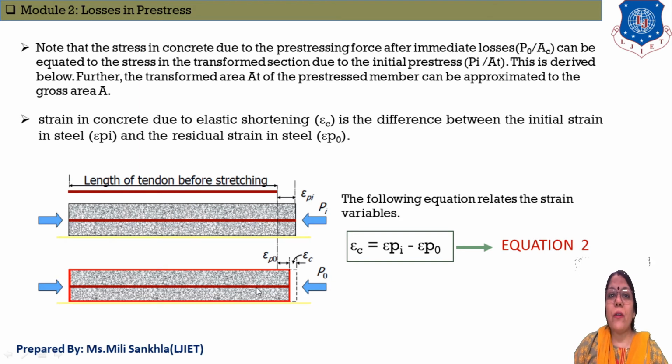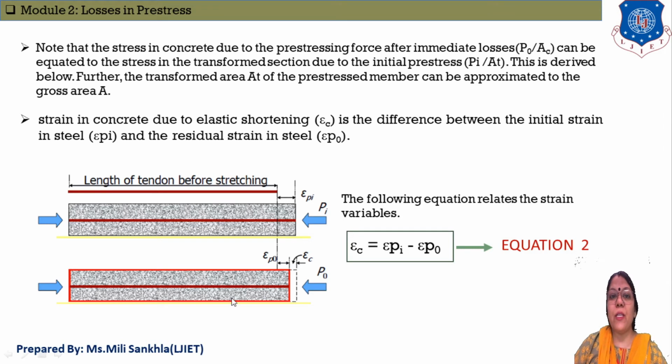After that we cut the tendons, and the steel tries to regain its original position, but the concrete resists it. After this process, the strain induced in the member is epsilon p0, the residual strain in steel.